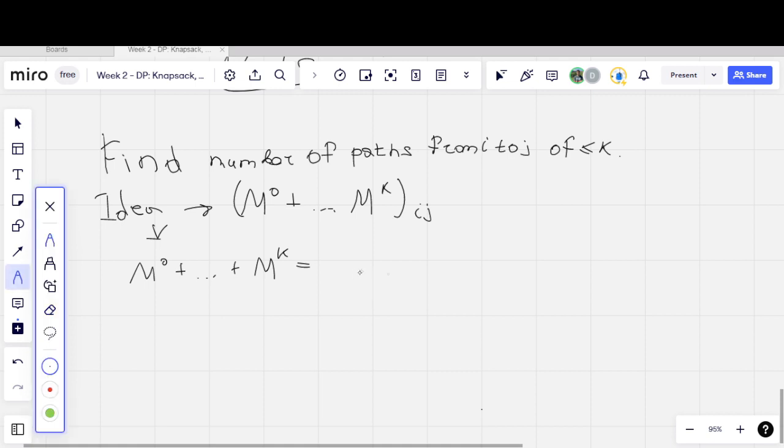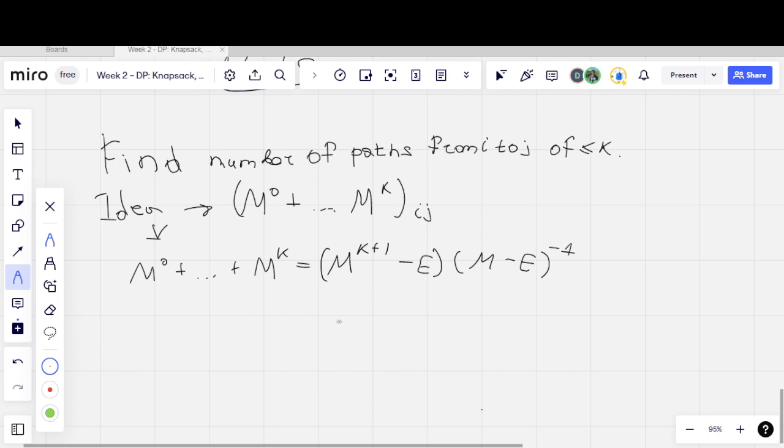So it looks like this: M^(k+1) minus E, multiplied by (M minus E) inverse, and we take a reversible matrix. But this matrix can be irreversible.